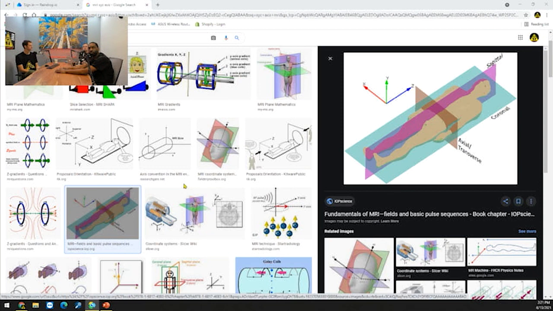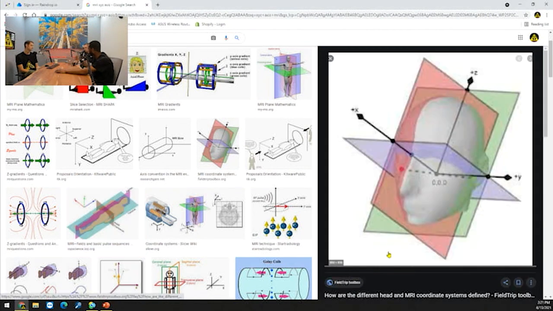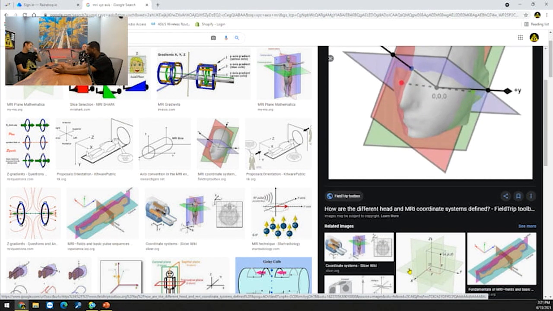So it matters. I just find seeing this can be helpful to paint the picture. So Z is going straight down the bore, right? That's right. And then your X and Y is just like traditional graph paper. Axial sliced at that position. At that position, right? Yep.